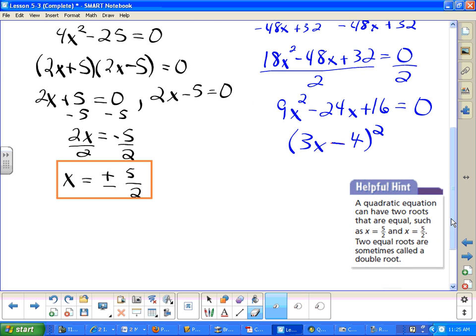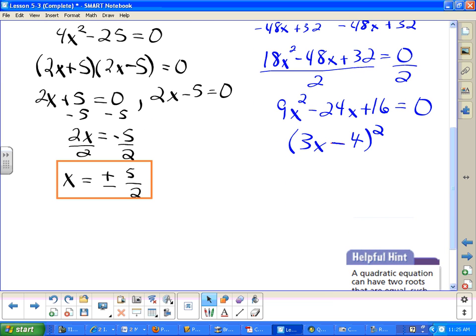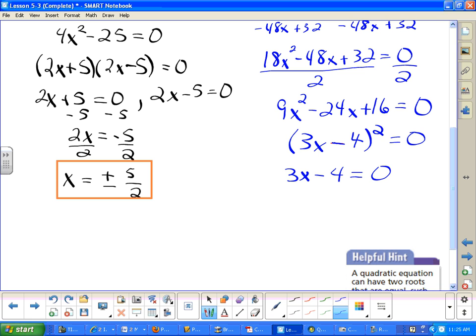So now we only have one equation to solve, that 3x minus 4 equals 0. And so what happens with a perfect square trinomial, if you ever have that, is there's only 1 zero, instead of 2 like when we had the difference of 2 squares.